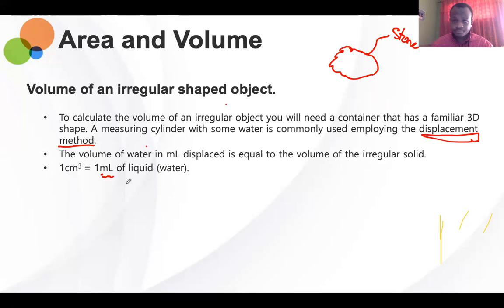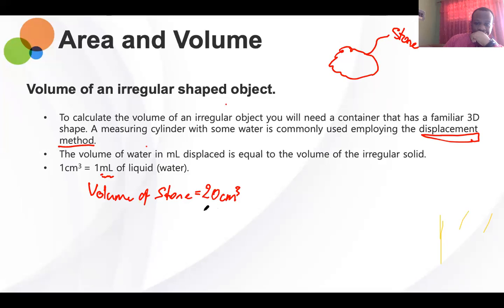All right. So we said that our volume of stone, we have less than 3 minutes, is 20 centimeters cube. So remember that our units for volume are either meter cube or centimeter cube for now.